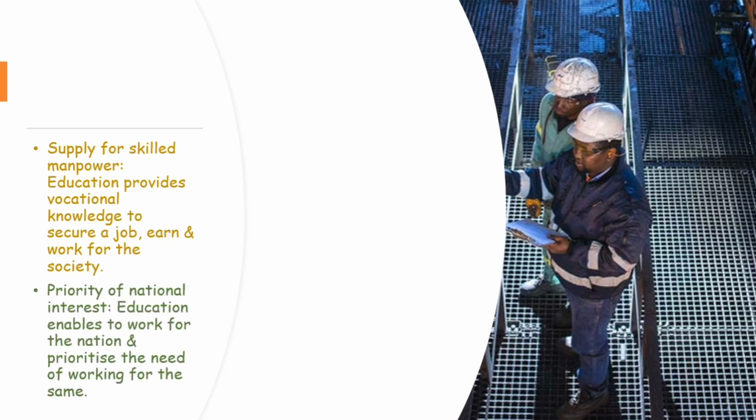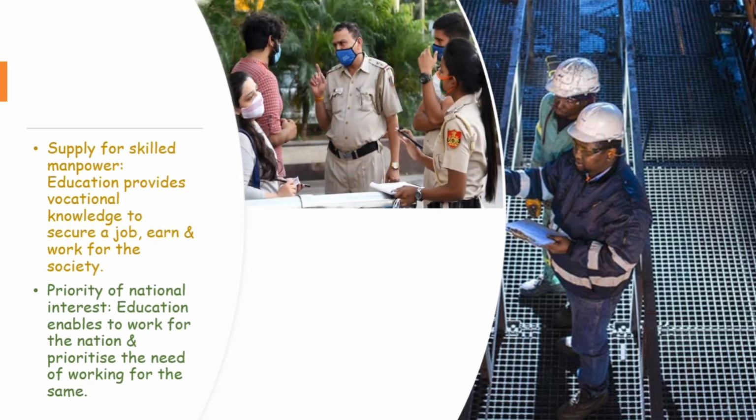Next is priority of national interest. We have already talked about how students learn to be good citizens through education. Now, education not only enables them to work for the nation, but also to prioritize the need of working for the same. They learn to put the interest of the country first. For example, again if we take the example of the COVID period, we will recall that all the people were advised to wear masks. Now, many people were against that also.